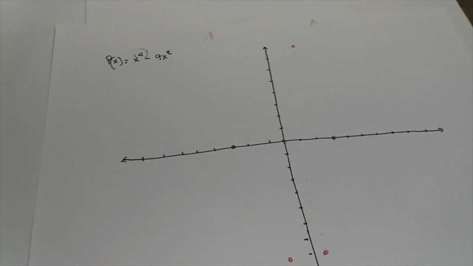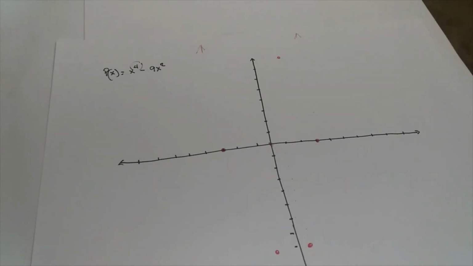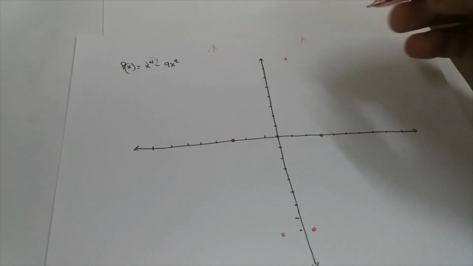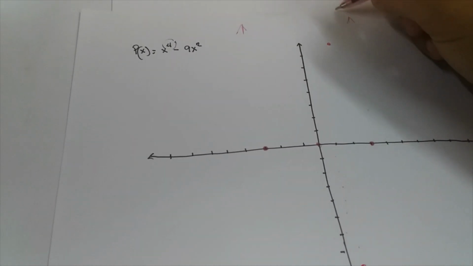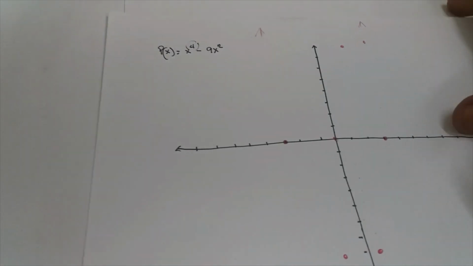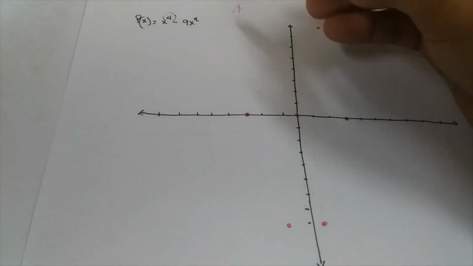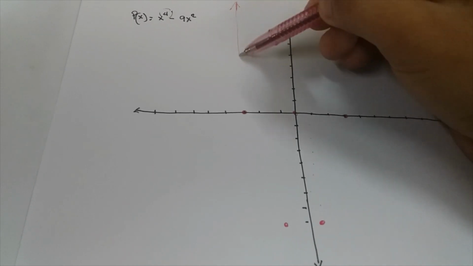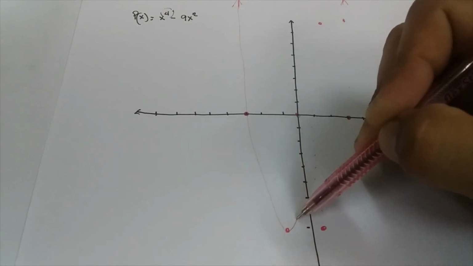Okay, so we're almost done with this. So let's say the positive 20 here, it's so high, it's 20. So we can connect this one. Remember, we have 3 turning points, so we'll make 3 curves. So connect the points, 1, then we'll go up.